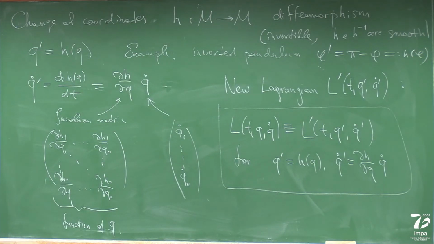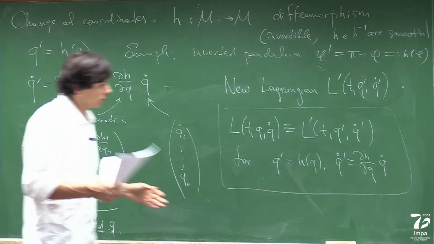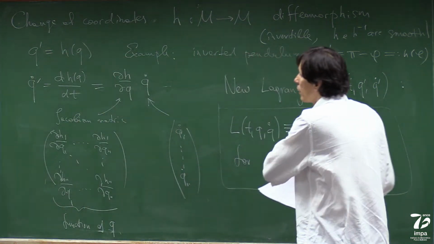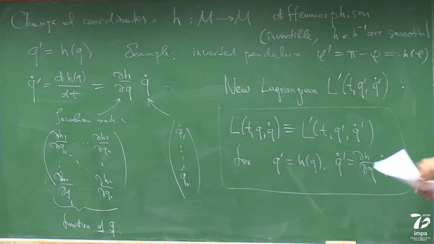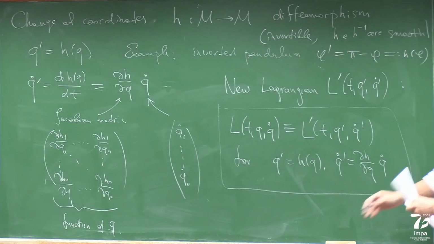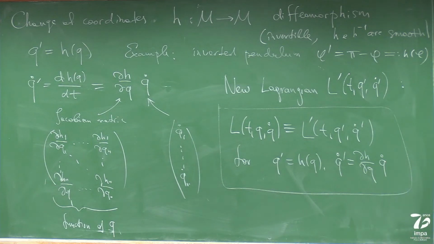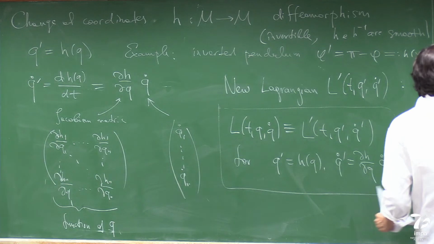Okay. So I repeated all what we did before, but in terms of manifold and change of coordinates, as a transformation on a manifold. So now we can define what a symmetry is.